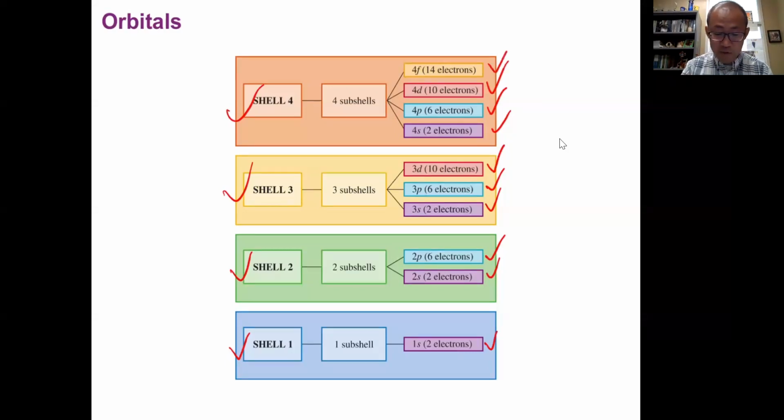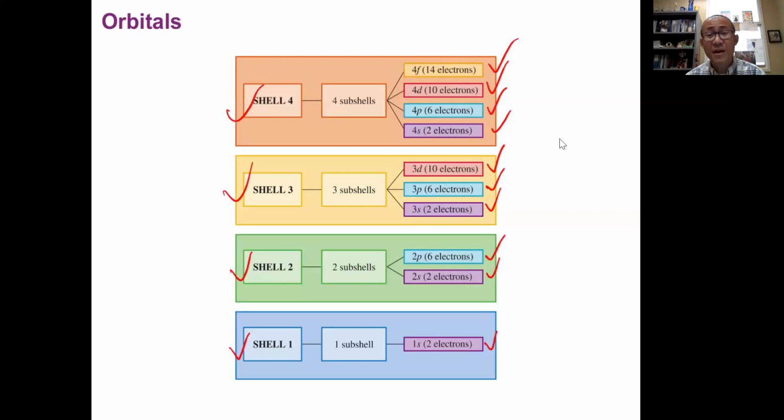And finally, F subshell, 7 orbitals, 14 electrons. This is how the space is divided. And like we said, orbitals are where electrons can be found.